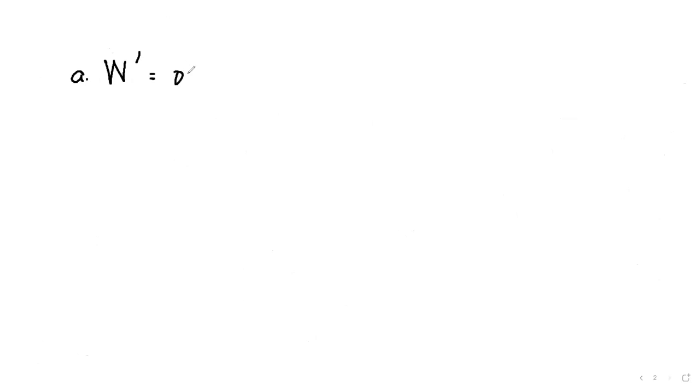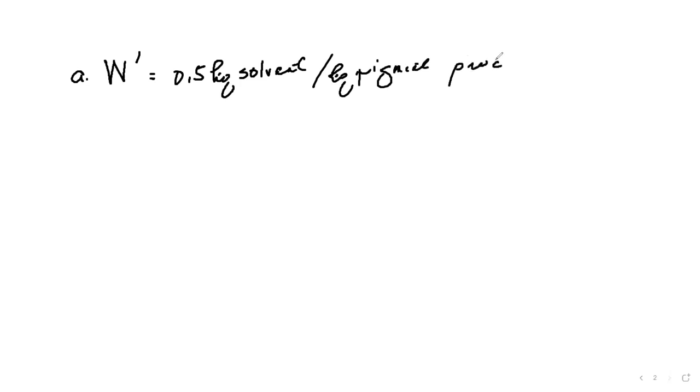So we have this much solvent removed in the underflow per kilogram pigment processed. If this is the scenario, this one is a constant. It's constant for all thickeners that we will have the removal of 0.5 kilogram solvent per kilogram of pigment produced.